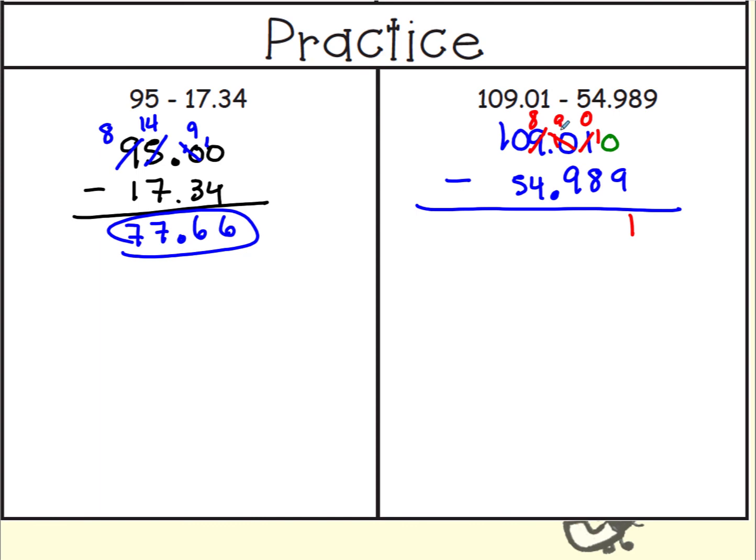I have to borrow from it, so it becomes a 9 when I make this one a 10. 10 minus 8 is 2. 9 minus 9 is 0. I'm at my decimal point, so I bring it down. 8 minus 4 is 4. And then I can either borrow, or I could just do 10 minus 5. Just use your common sense. 10 minus 5 is 5. So the difference is 54 and 21 thousandths.